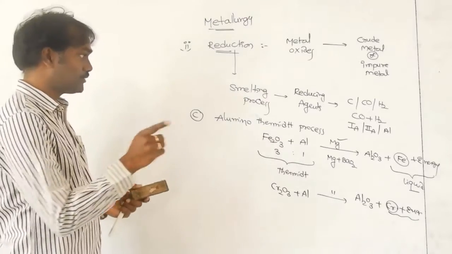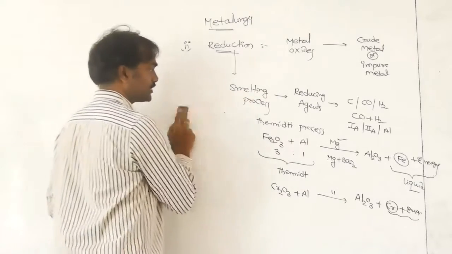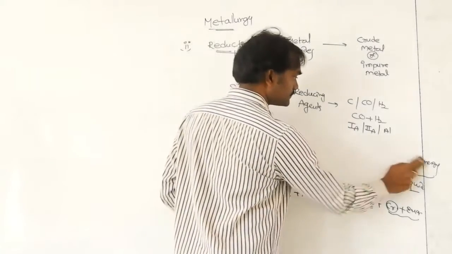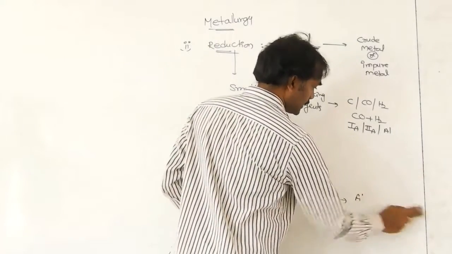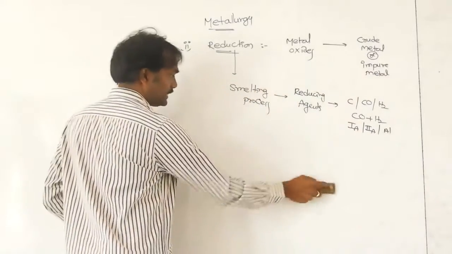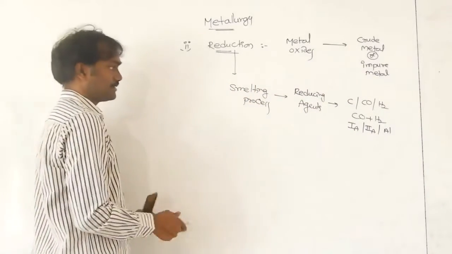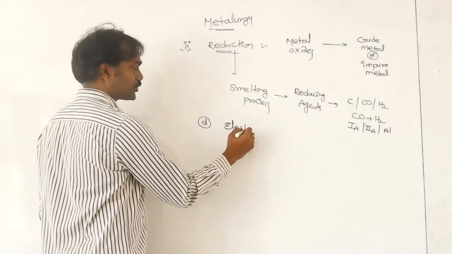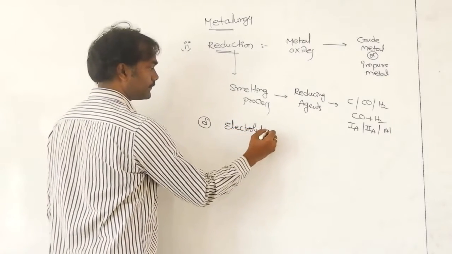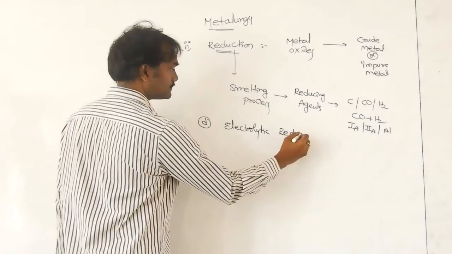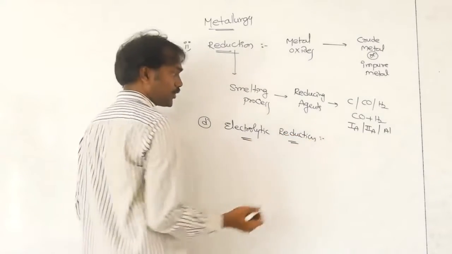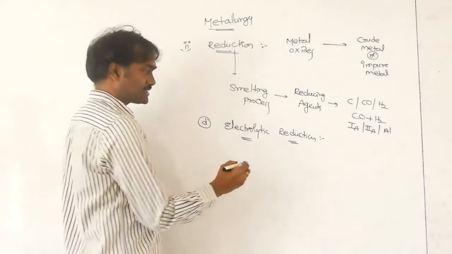Next, one more reduction is there, that is electrolytic reduction. Four important points in this. So we are applying electrochemistry. Which metals are powerful?